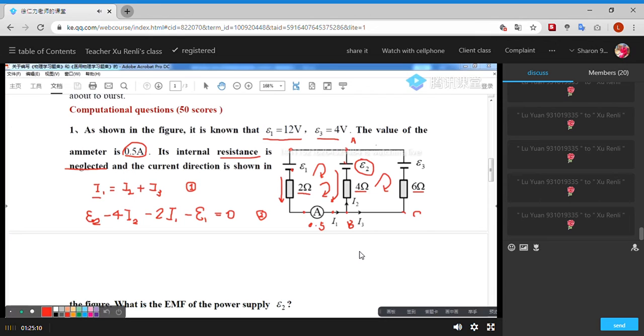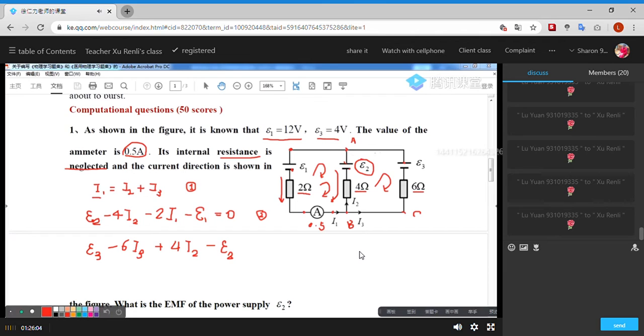From A, we first touch epsilon 3, so epsilon 3 positive, and minus 6I3, and plus 4I2, and minus epsilon 2, because we first touch the negative plate.